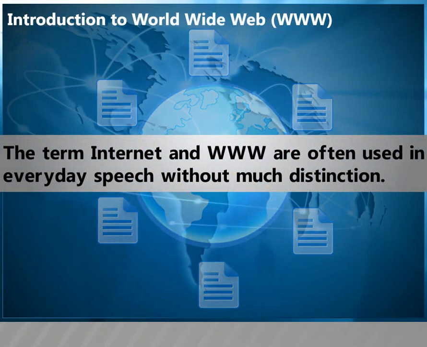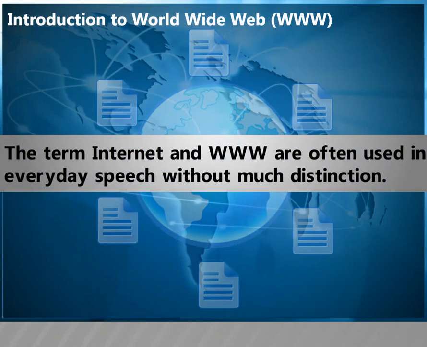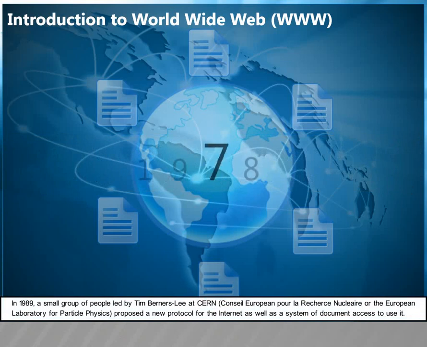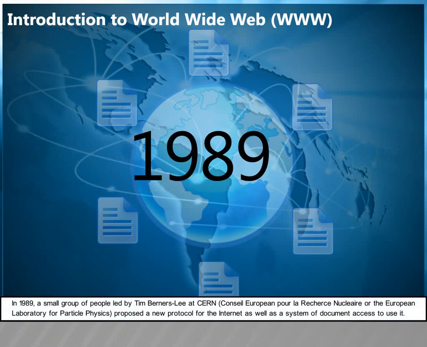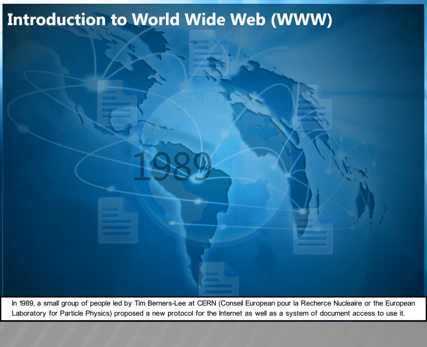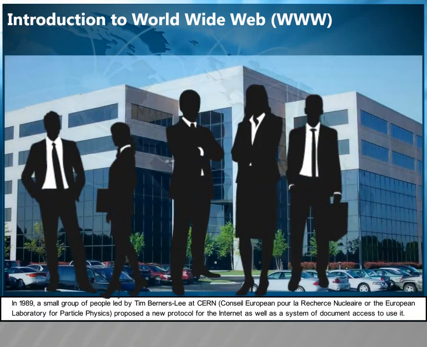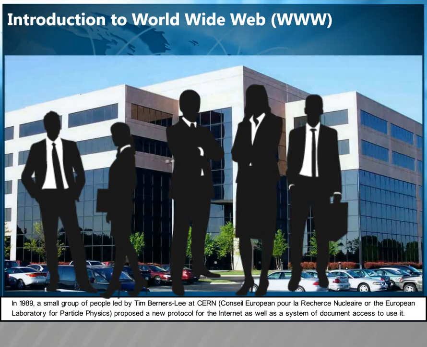The terms Internet and WWW are often used in everyday speech without much distinction. In 1989, a small group of people led by Tim Berners-Lee at CERN, that is Conseil Européen pour la Recherche Nucléaire, or the European Laboratory for Particle Physics, proposed a new protocol for the Internet as well as a system of document access to use it.